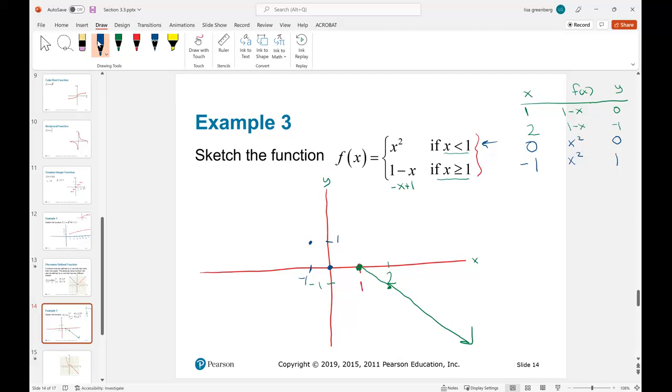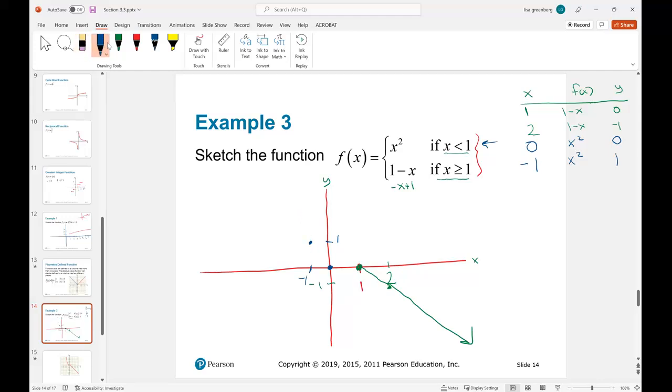So let's see, I'll use red for this one because this is kind of the weird one. I know right now that these two are connecting, and I also know it's a parabola. So because it's x squared, I know it's going to go up like that, like a parabola. Probably not that quickly. Here, let me do better.